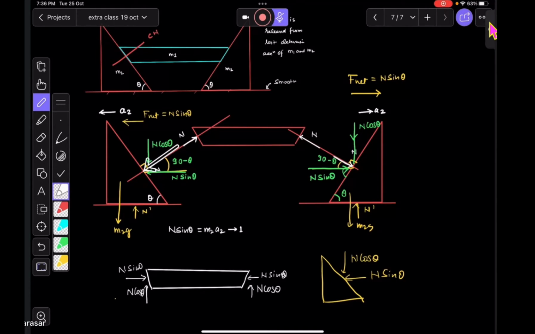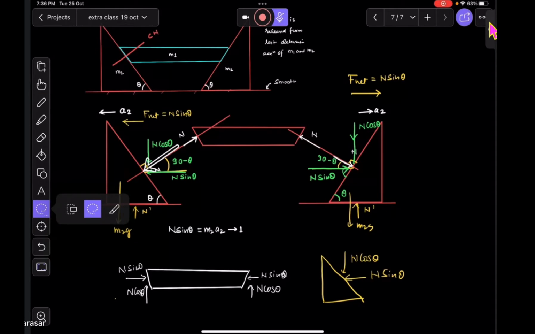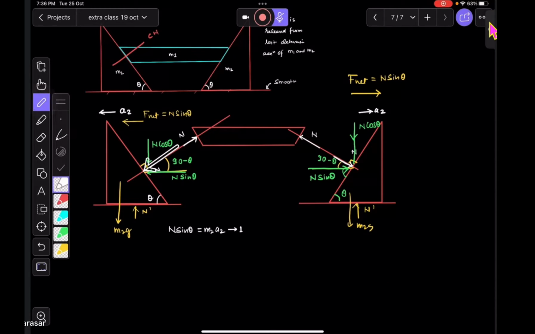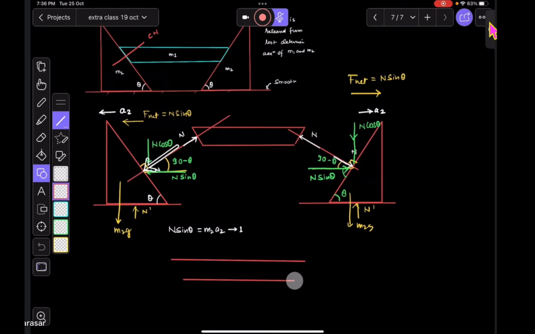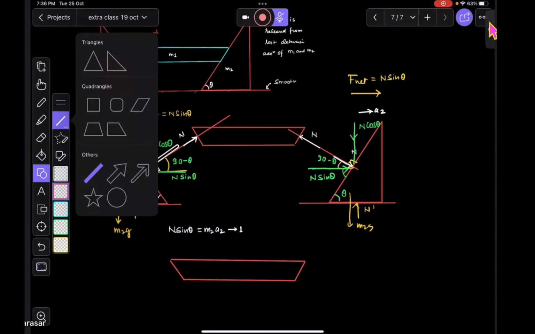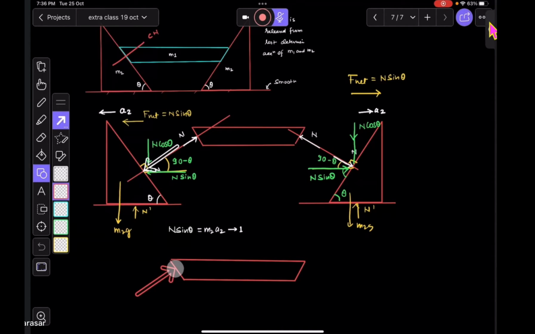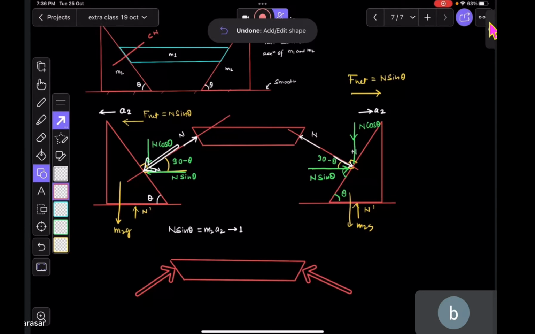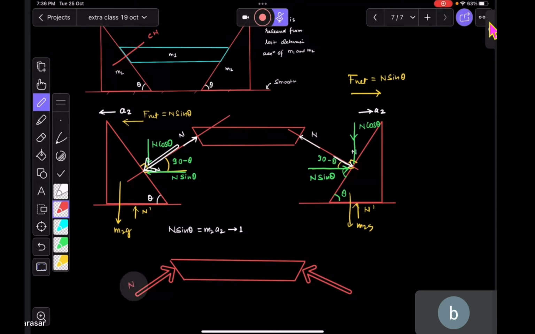Maybe I'll draw a nicer looking figure. The normal contact force acting on the rod is like this.